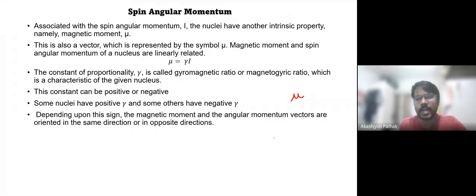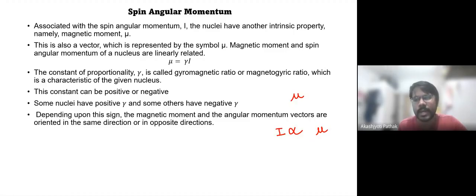If you denote the spin angular momentum by the letter I, there are different notations in different books. Then the spin angular momentum is directly proportional to the magnetic moment mu.